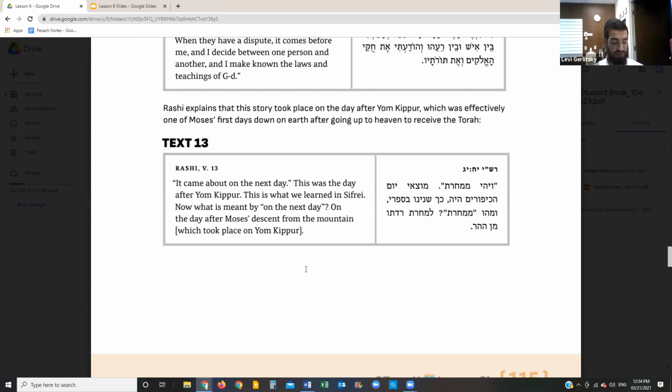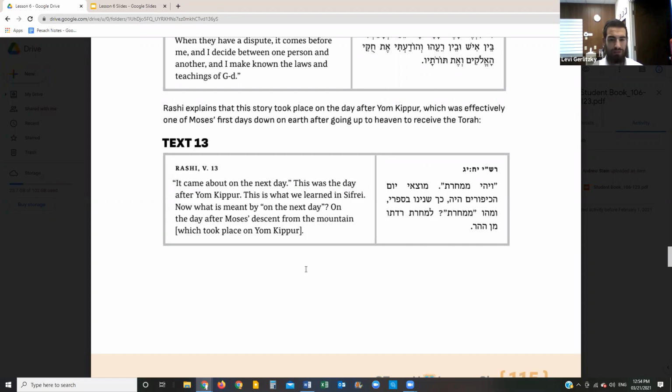Very good. So the question is, what was Moses basing his laws off of if he just came down from the mountain and there were only the 10 commandments? If all Moses received was the written Torah, it would be very odd to have such a complicated legal system in place the day after he comes down from heaven. There would be hardly any material for Moses to base his judgment off of.